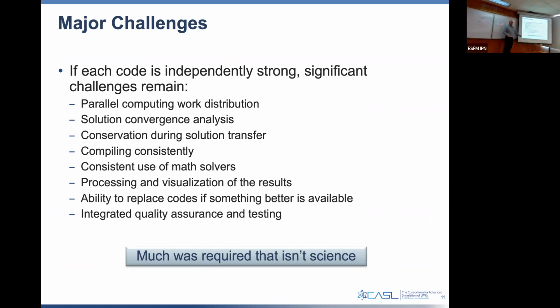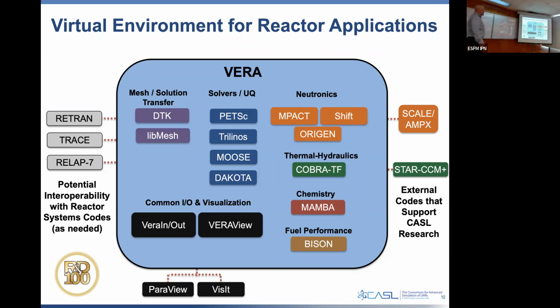And one of the other things is understanding how we can replace codes if something's not working, if something comes along that's better. This was not the original one. Neither of these codes existed when this project started. This code was kind of frozen. It was a code developed by a guy at Penn State who had passed away, and nobody was really using it very much.